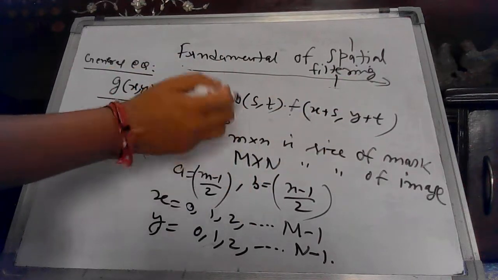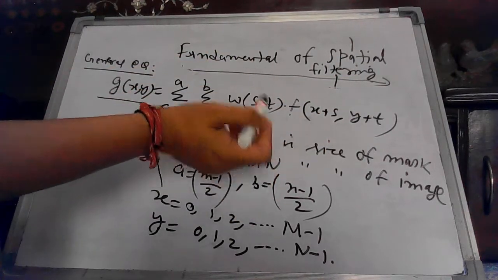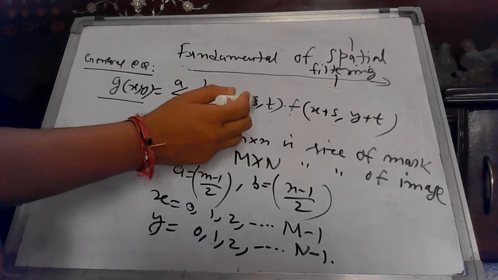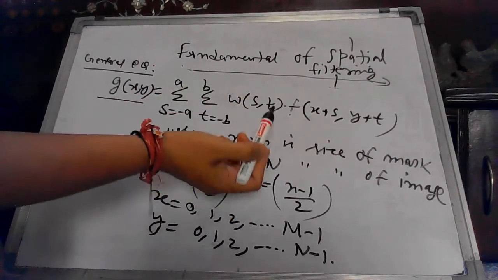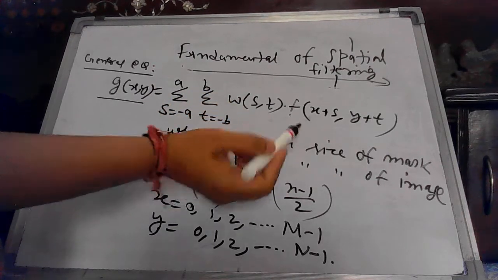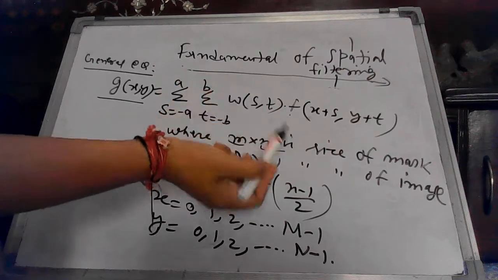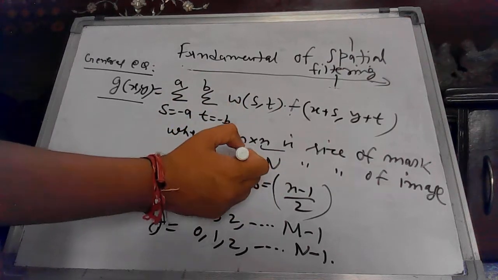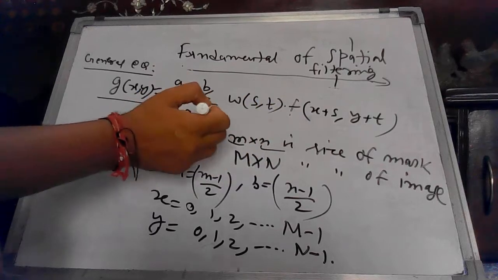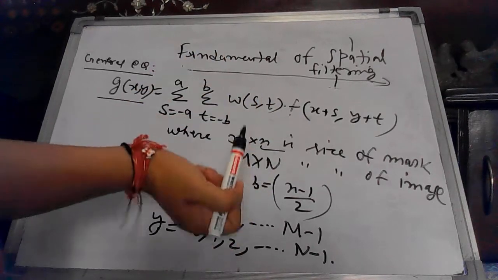Now you try to understand this formula, which is the same as we have just discussed. So the weight or mask is of size, let's say, roughly represented by small m cross n, and your image is represented by capital M cross N, where you are multiplying and getting that summation, the sum of the product that I have just told you.